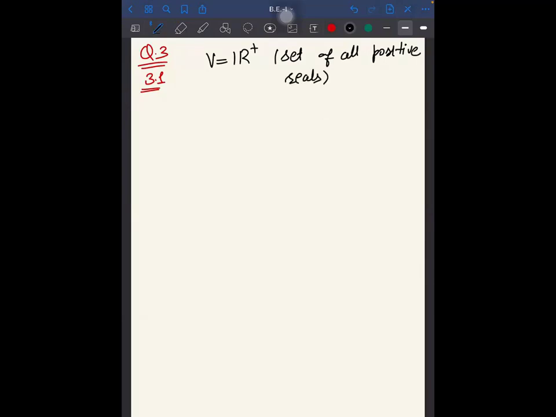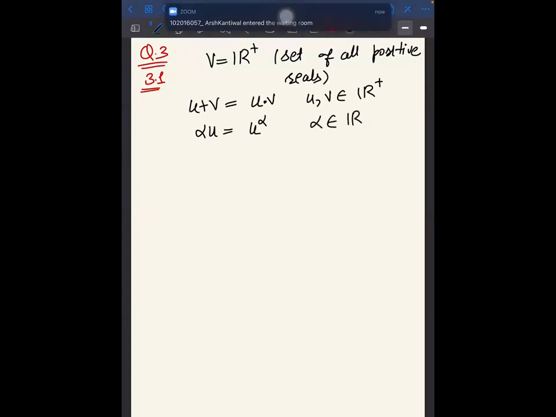And the addition operation is now getting changed. That means whenever you take u plus v, you simply take the product of them, right? So uv belongs to R positive. And scalar multiplication wise, you take u raised to power alpha, for any alpha belonging to R.